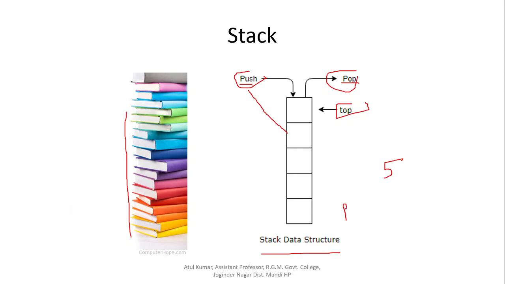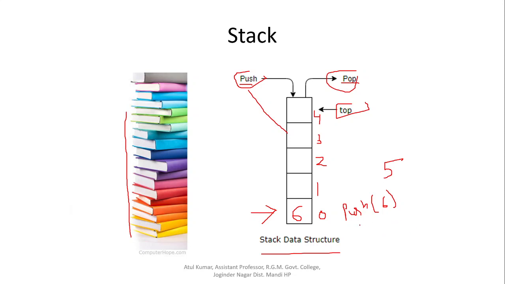Suppose the first item to be inserted is 6. So 6 is inserted in the first position, and now top points to this position. Suppose the address of this position is 0, and the addresses of the next positions are 1, 2, 3 and 4.